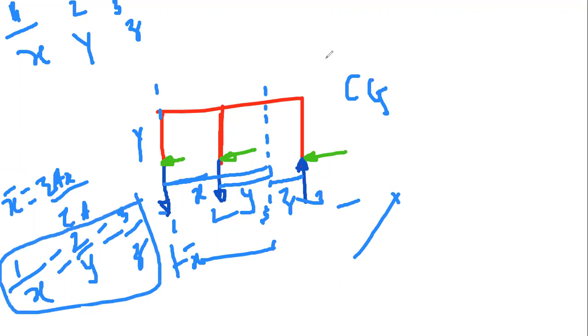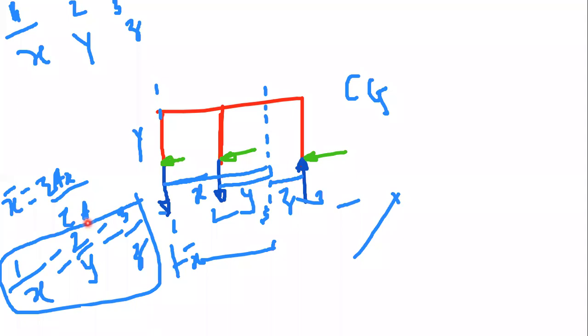Axial force is a vertical force. These vertical forces are proportional to the distance from the centroidal axis. So 1 depends on x, 2 depends on y, and 3 depends on z. That proportion, 1 by x equals 2 by y equals 3 by z, is going to remain constant.